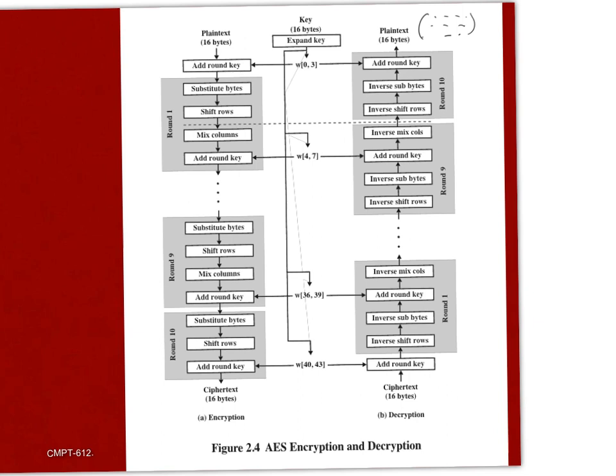So the first one, which is done only once at the beginning and once at the end of each of these rounds, is add round key. The add round key is simply a Vernam cipher. So it's just to get this matrix and the plain text, which is also 16 bytes, and XOR both matrices together.